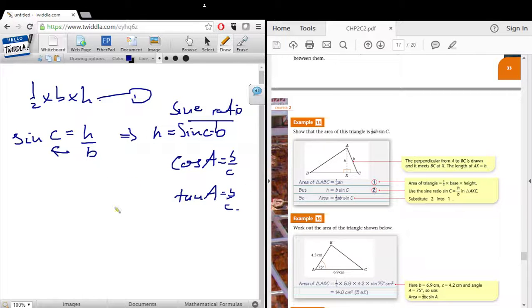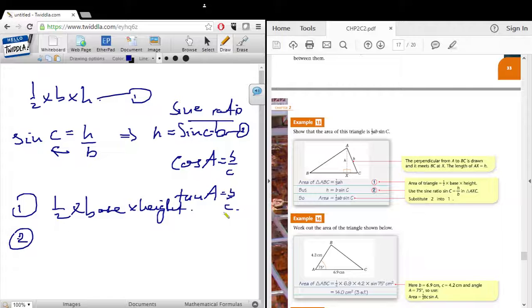Then we have equation 1 and equation 2, and from our base times height, we get half AB sine C by substitution.